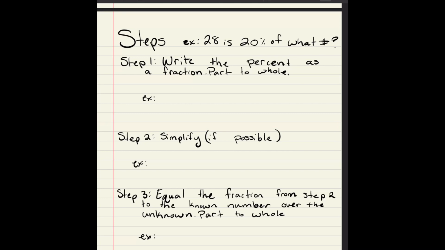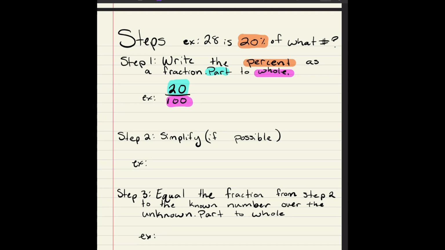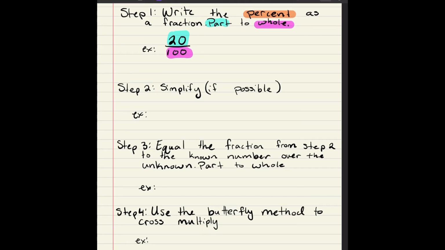So we need to write our percent as a fraction. 20% as a fraction would be 20 over 100, and it's going to be part to whole. Part, which is 20, and our whole, which is 100. 20 per 100 is 20%.